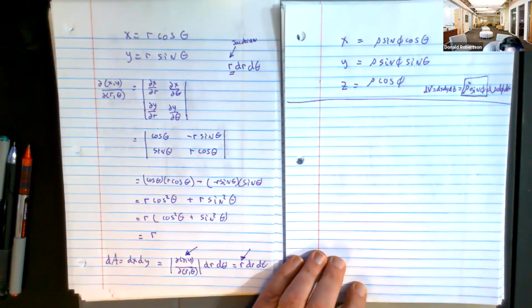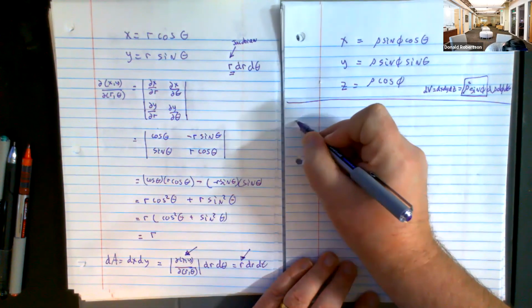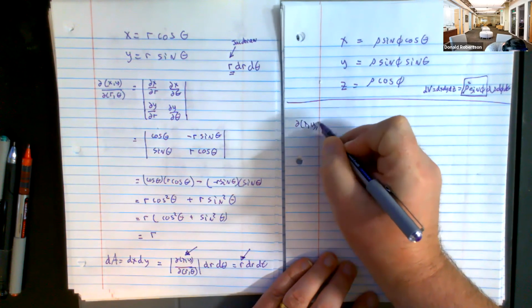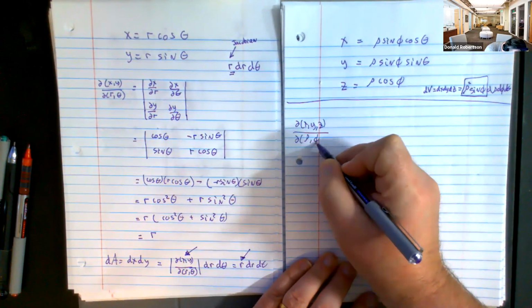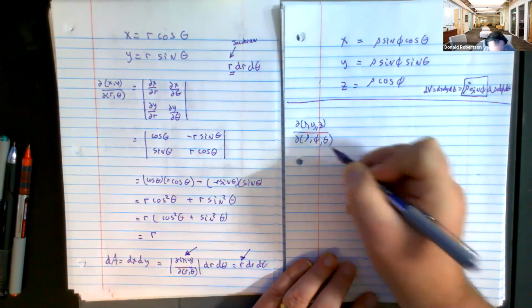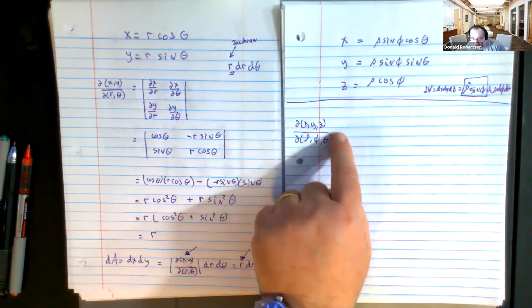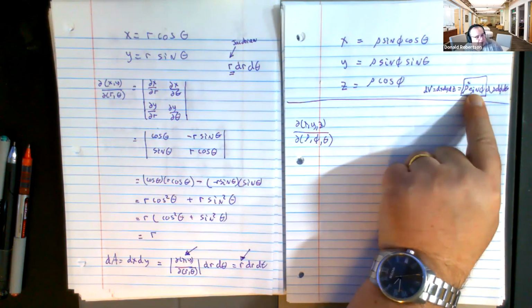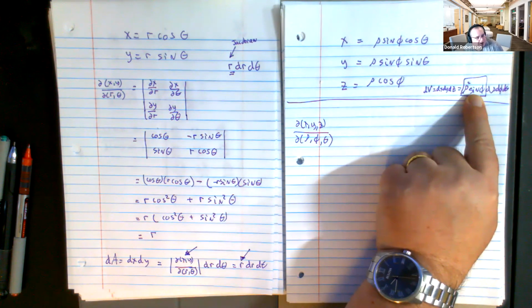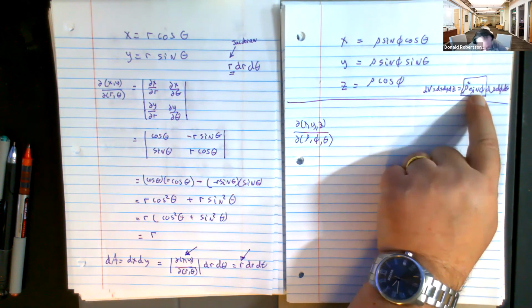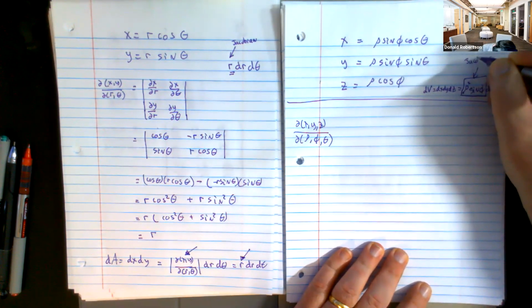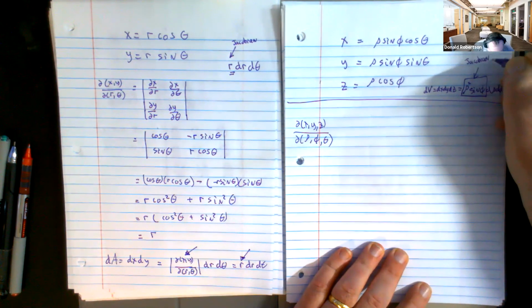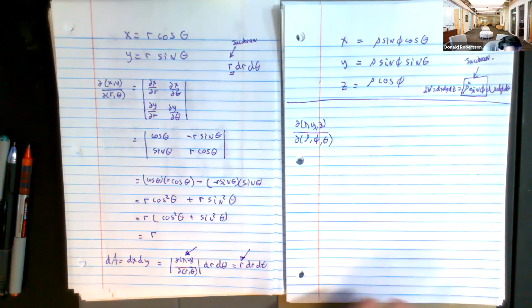Okay, so let's figure this fella out. I'm going to find this Jacobian, and he's going to be this fella. So that's where this fella came from. He is the Jacobian. He's the extra little bit you get when you do a change in variable.